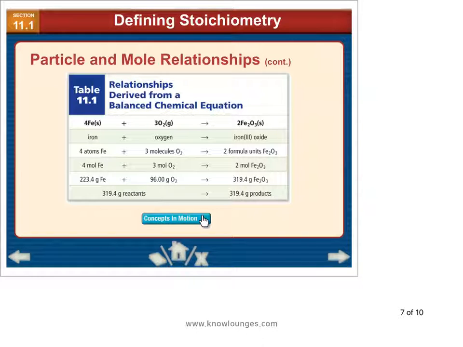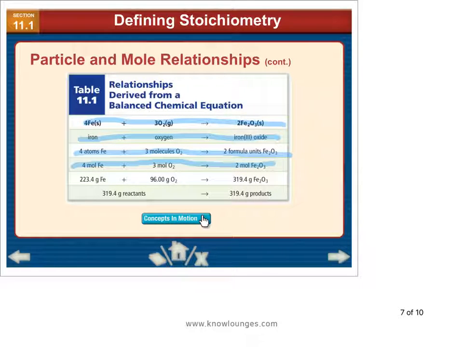When we're dealing with chemical reactions, such as this particular reaction, iron plus oxygen yields iron trioxide, we might think of it in terms of atoms, molecules, and formula units, which are representative particles.